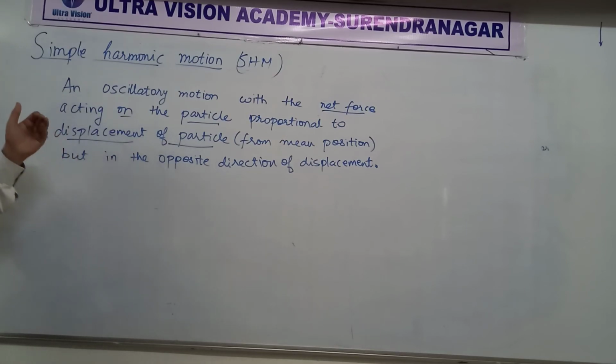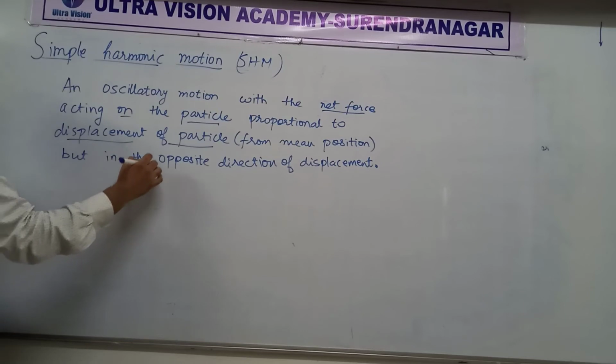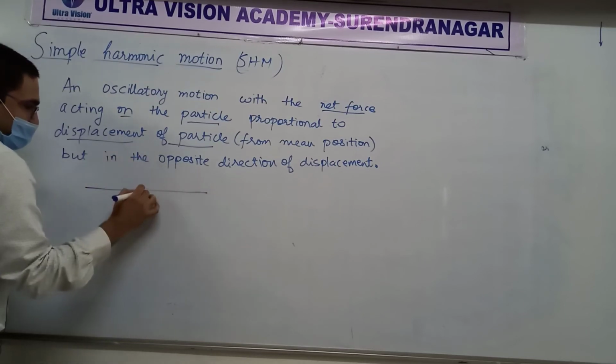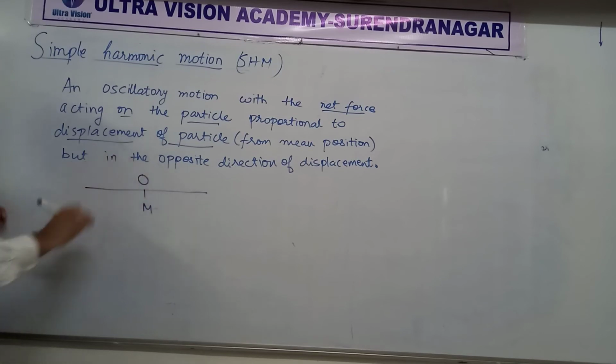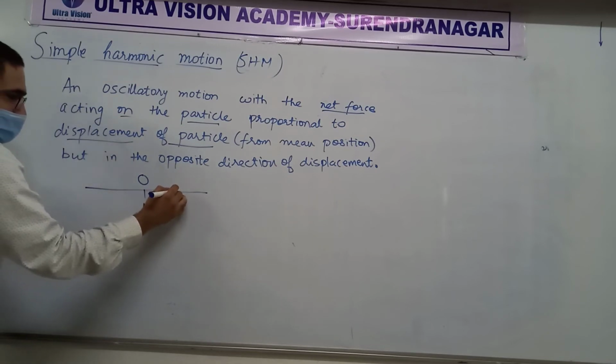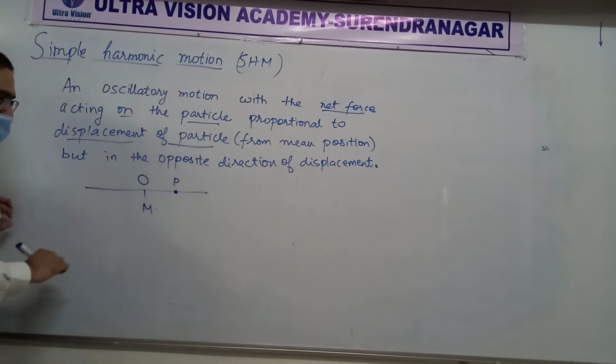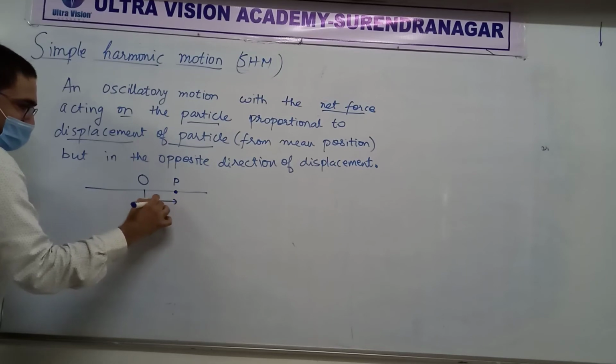Okay. So let's write it in words, in equation form as well. Suppose from mean position, which we call origin O, some particle is here, so this is its displacement.